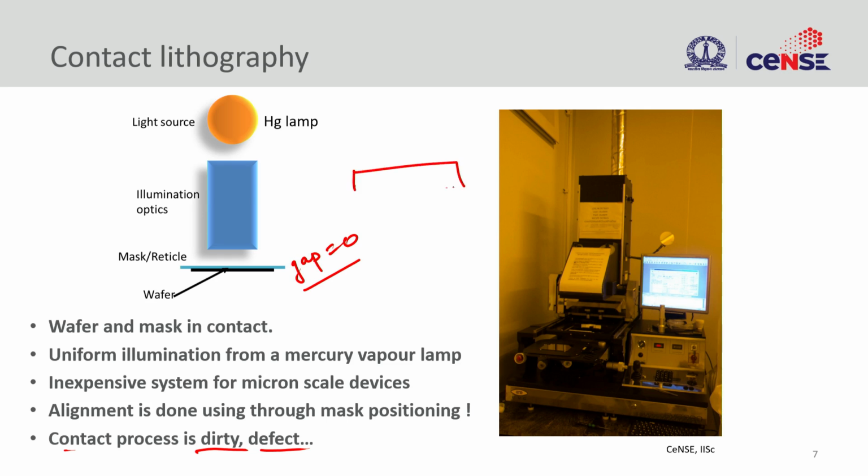So if this is my wafer, and my mask is coming onto my wafer surface here, you will see there is no gap between these two. But if I have any contaminants either on silicon or on my mask, when I do this, this particle is going to damage my mask, and it can get into my photoresist also.